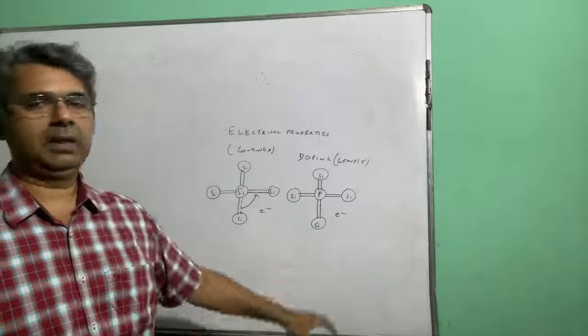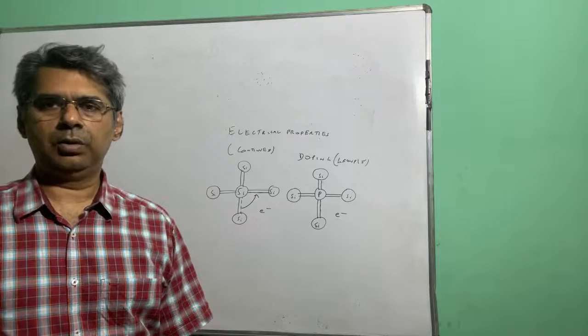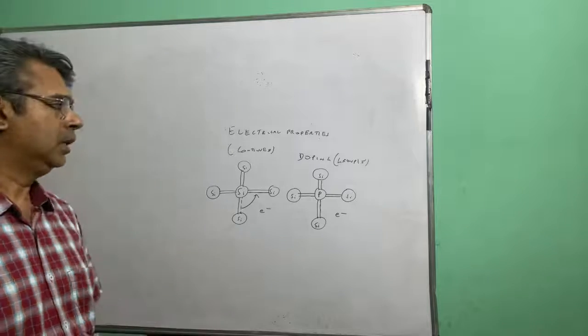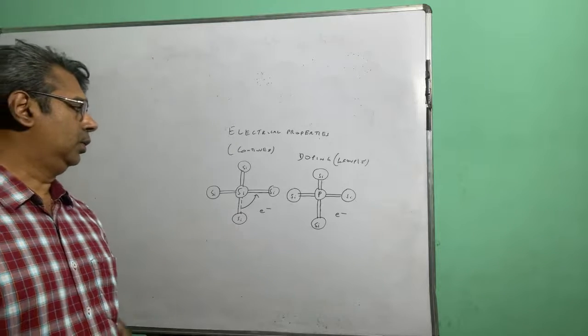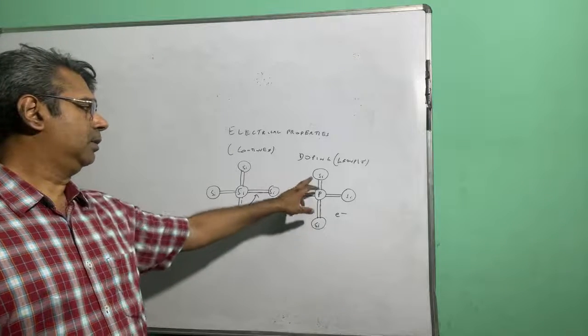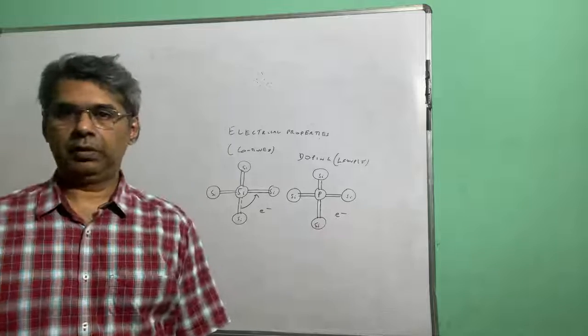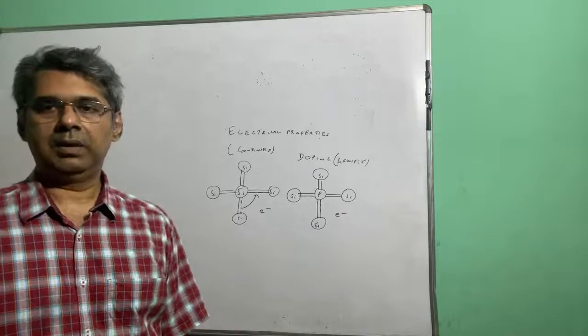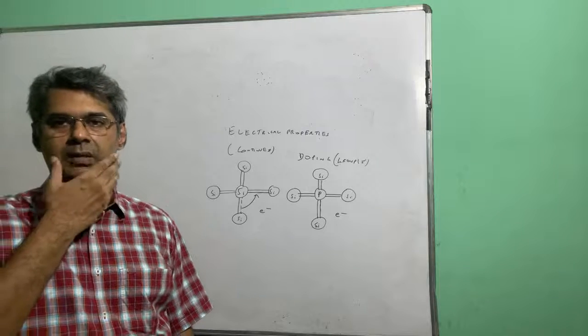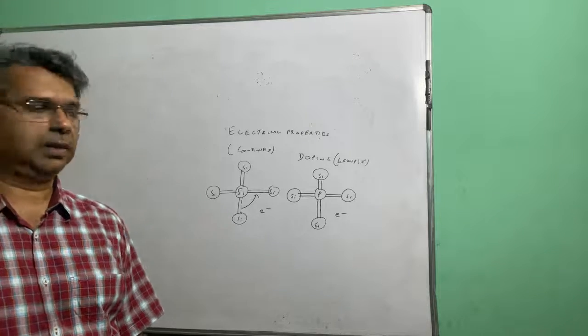So suppose you take an element like phosphorus, a typical group 15 element. It has got 5 electrons in the outermost shell. So 4 electrons will be involved in bonds with 4 silicon atoms, and the 5th electron will revolve around the phosphorus nucleus with a very large radius.